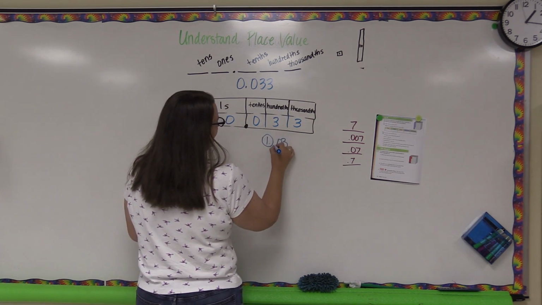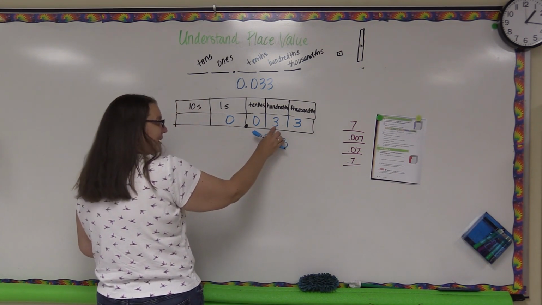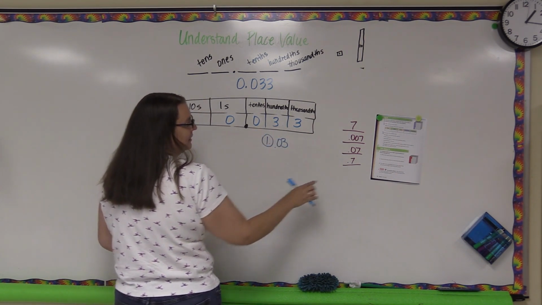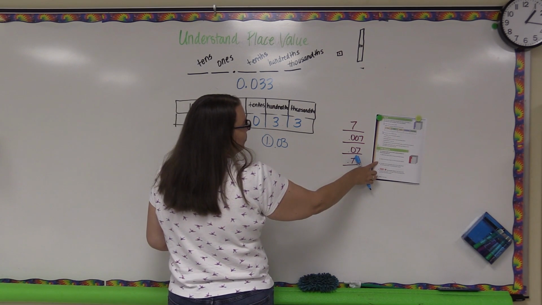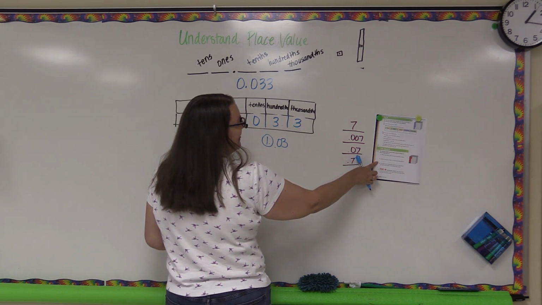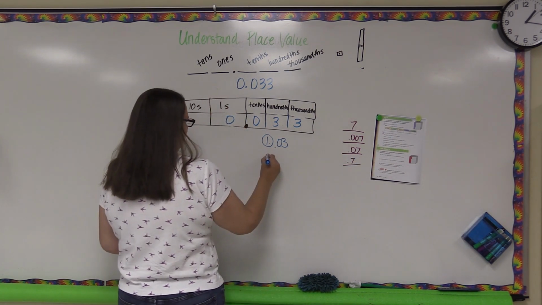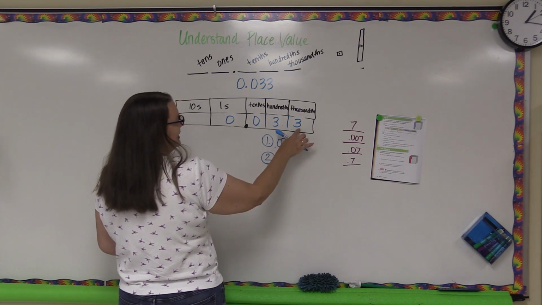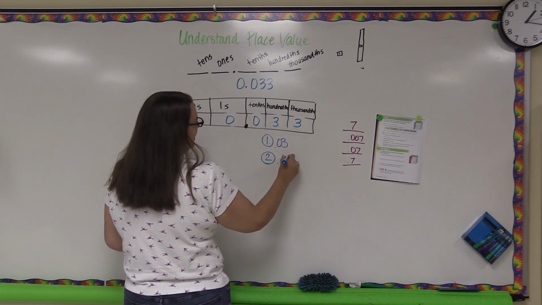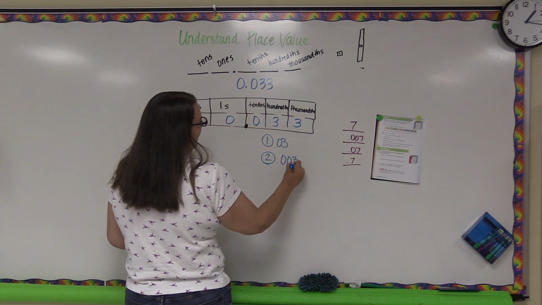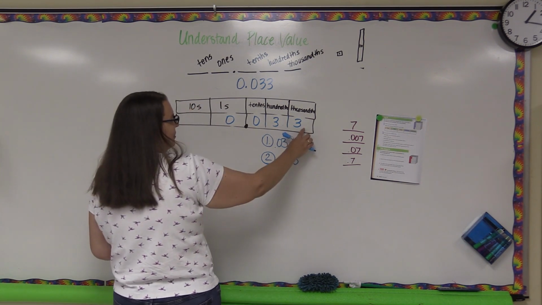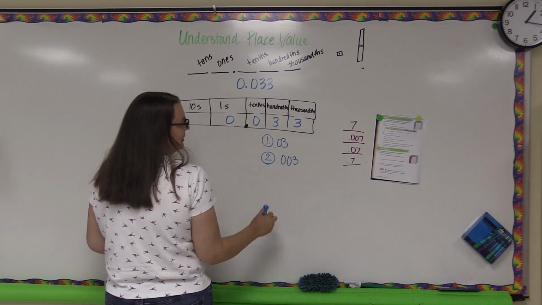This is 3 hundredths, right? Because it's a 3 in the hundredths place. Number 2, what is the value of the 3 in the thousandths place? Here it is in the thousandths place. It is 3 thousandths, right? Because it's a 3 in the thousandths place.